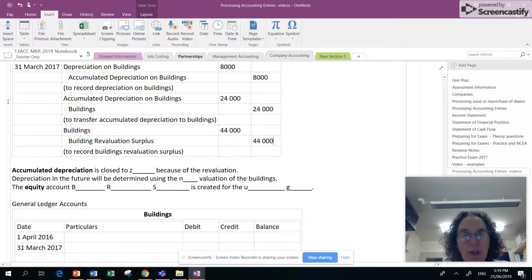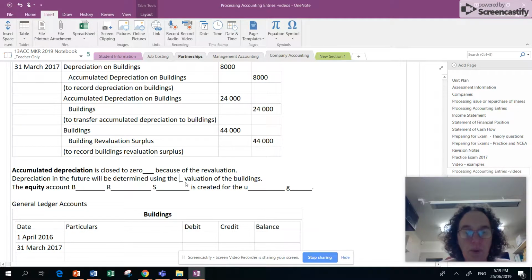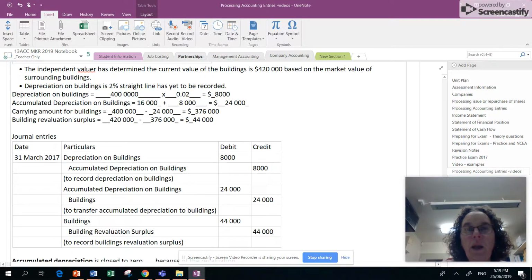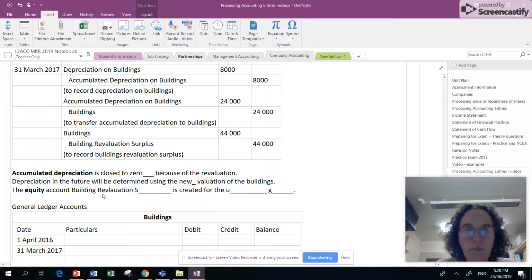Our accumulated depreciation is at zero because of the revaluation, and we're starting new. Depreciation in the future will be determined by the new valuation of the building, in this case the $420,000. The equity account, building revaluation surplus, is created for the unrealized gain that we have.